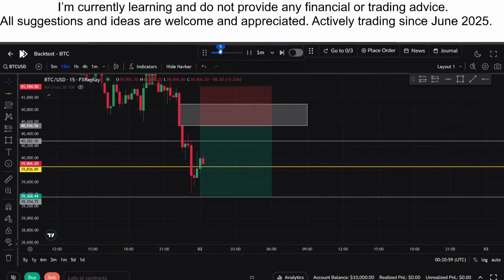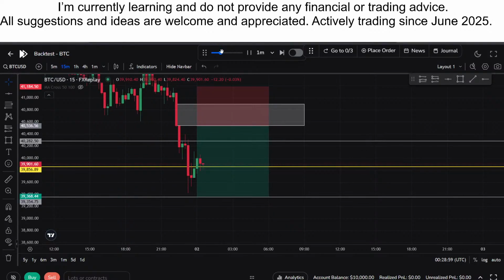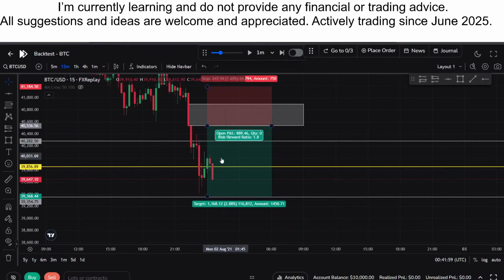Let's do it a little bit faster. What should I do? Should I be waiting for the price to reach here, or should I just take a trade now? What should I be doing?